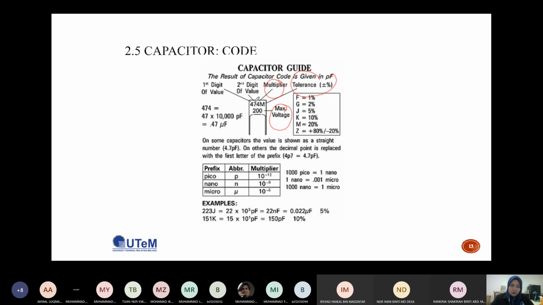So for 474 M, the first digit is 4, the second digit is 7, and the multiplier is 4. You multiply by 10,000, four zeros, picofarad, so you will get 0.47 microfarad. The tolerance M is plus minus 20%.